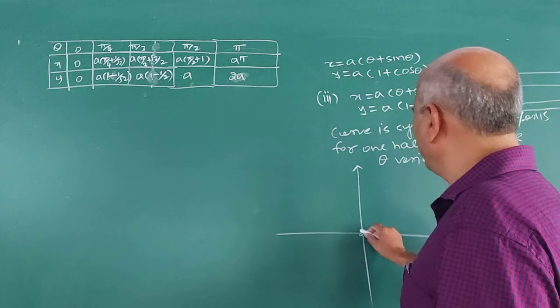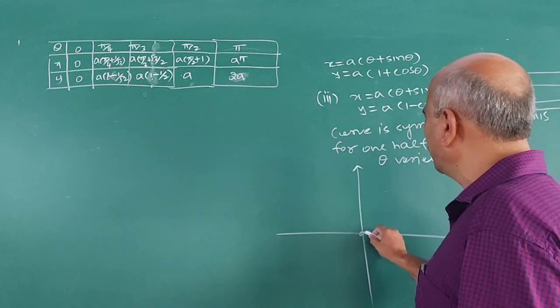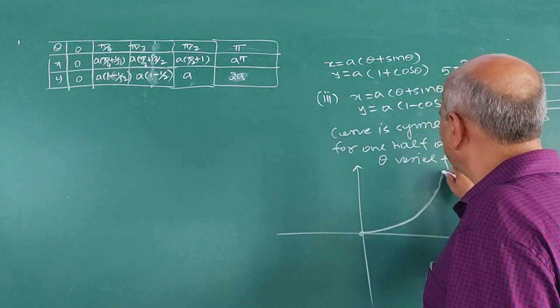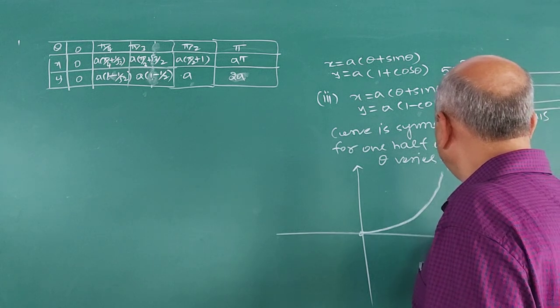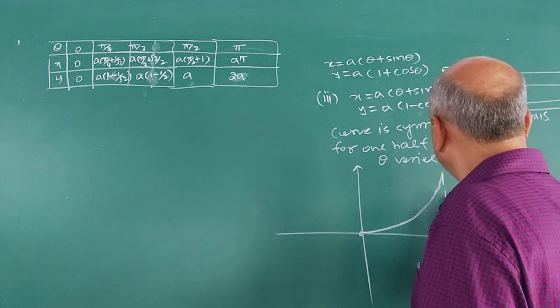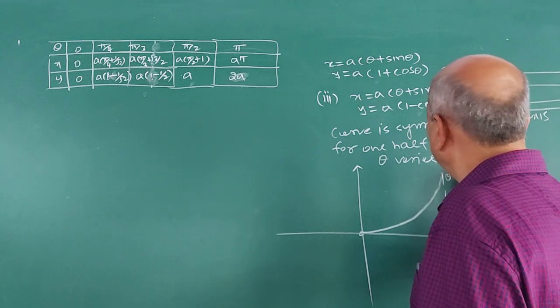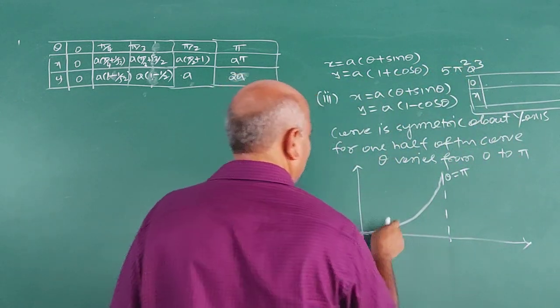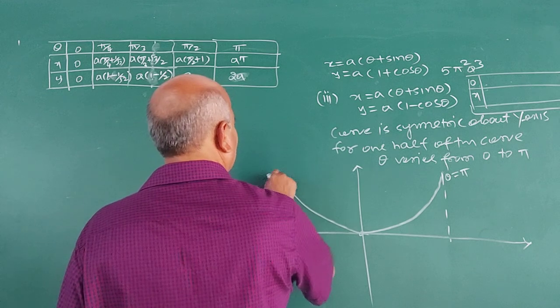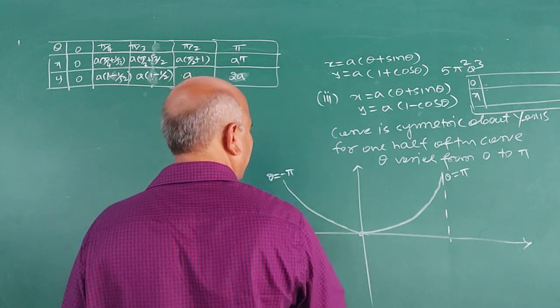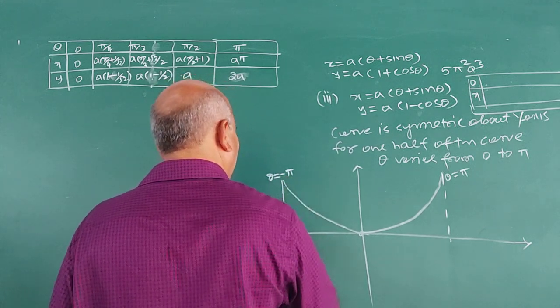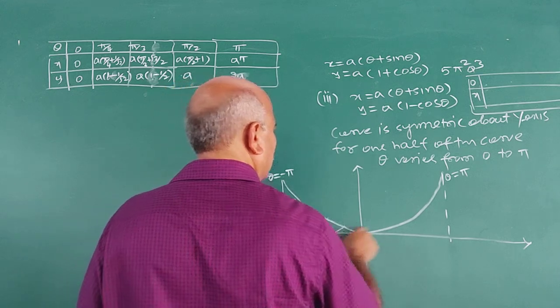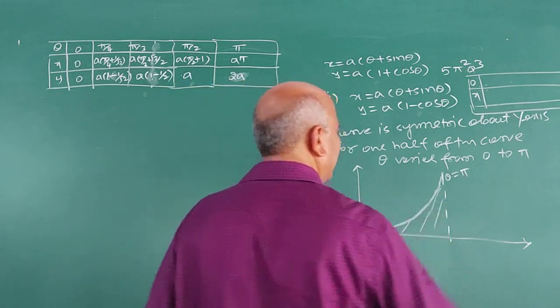You will get the maximum value of y like this. When x increases, y also increases like this. Now what is the parameter here? Corresponding to this point, theta is pi. Because of symmetry, you will get another branch here, where theta is minus pi. Now, area under the curve means this curve area is rotated.